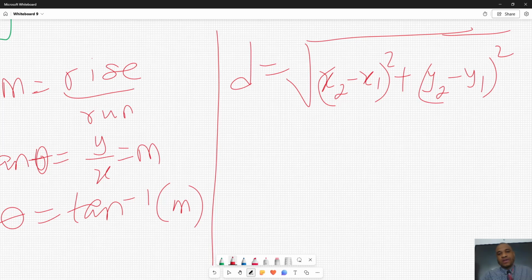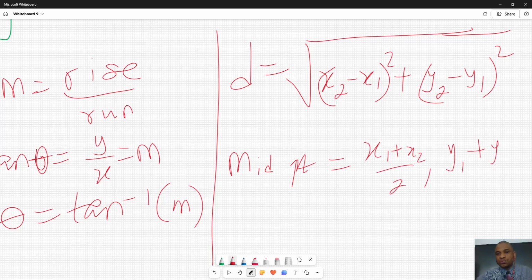The midpoint formula is (x1 plus x2) over 2, (y1 plus y2) over 2. I think I will give one example, then use it to explain most of these formulas.